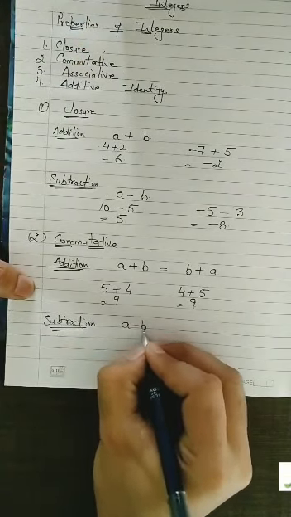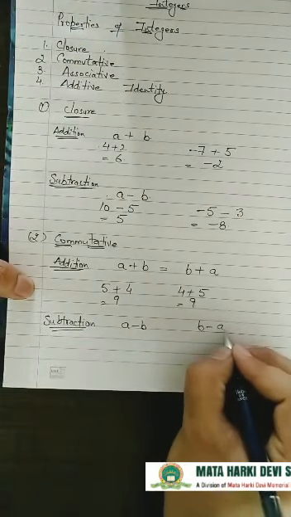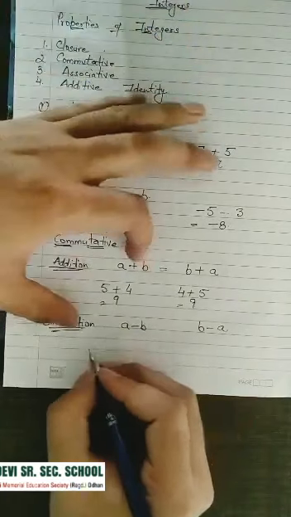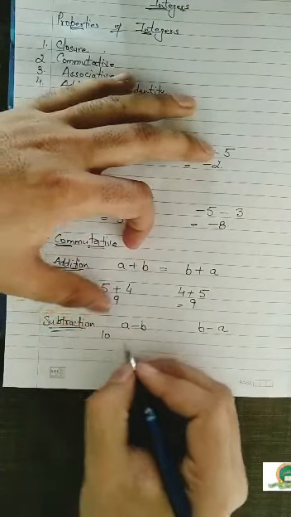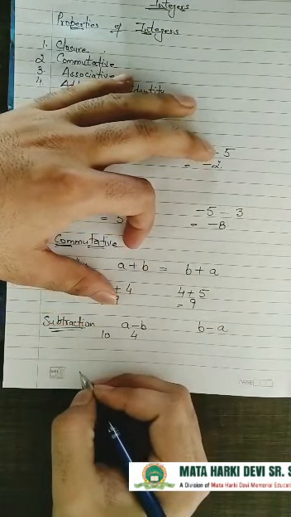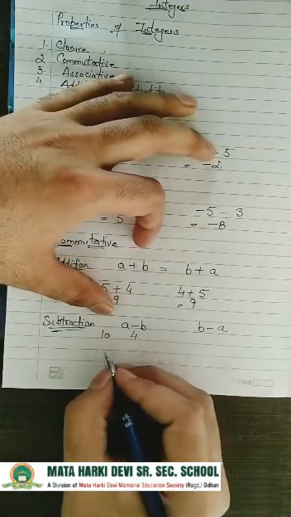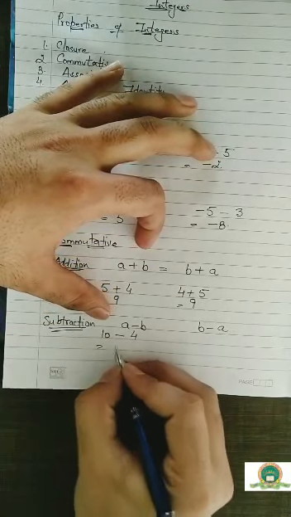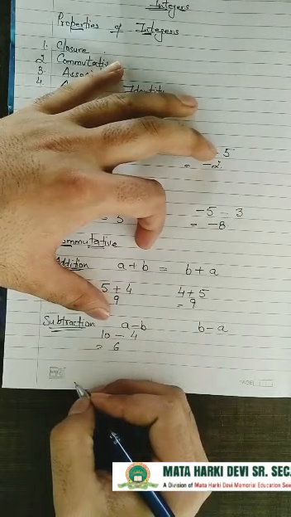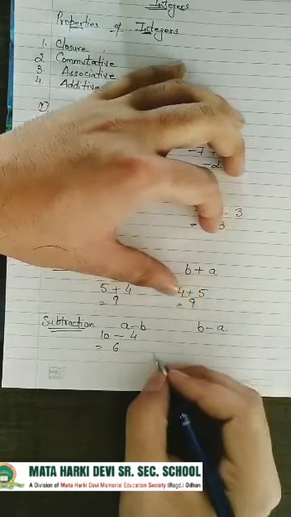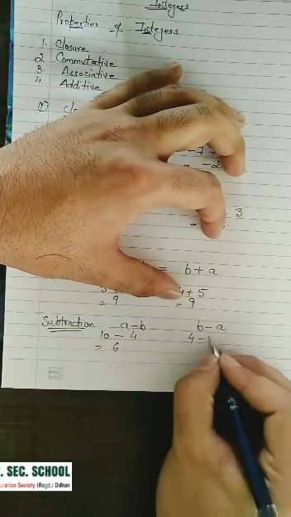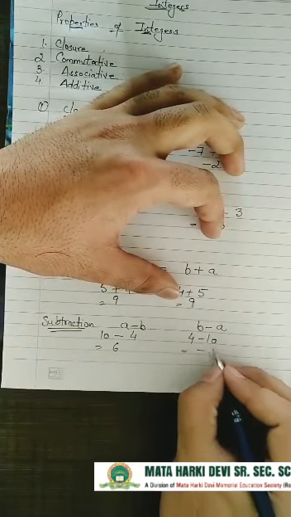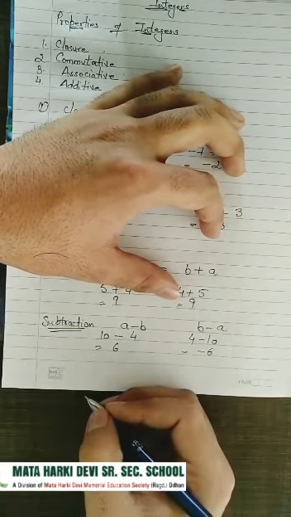A minus b and b minus a. Okay, for example, a is 10, b is 4. What will be the result if I subtract 4 from 10? The result is 6. And in the case b minus a, it means 4 minus 10. The result is minus 6.